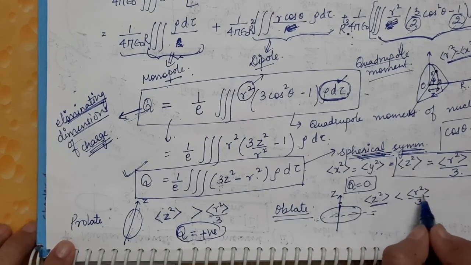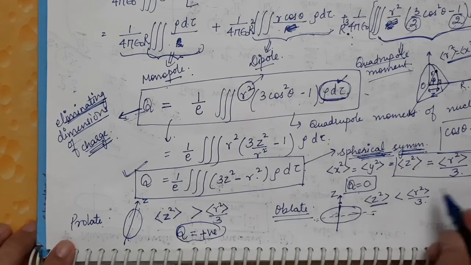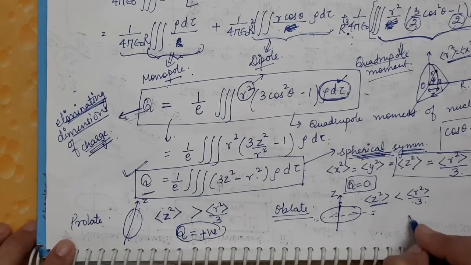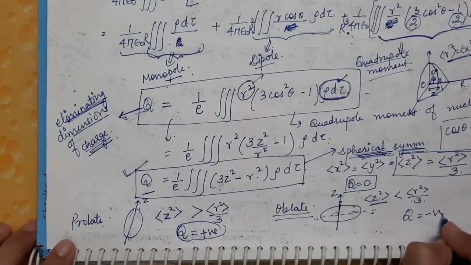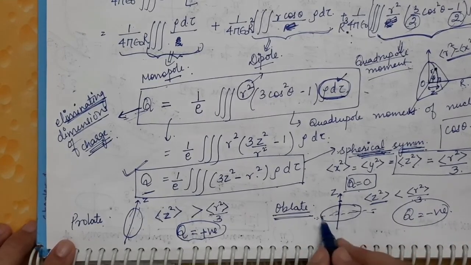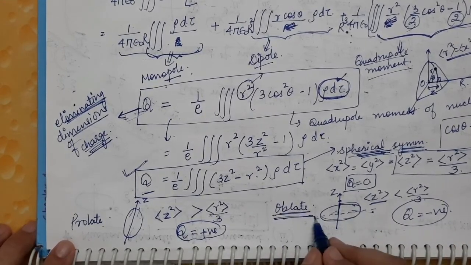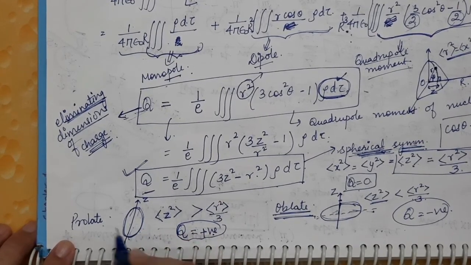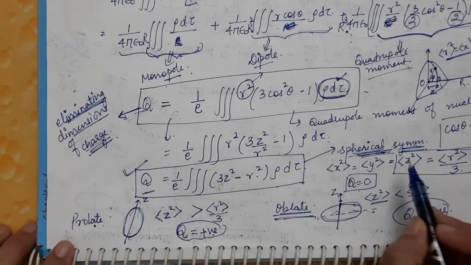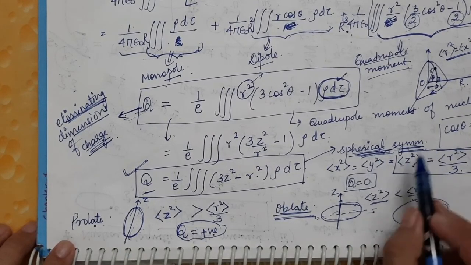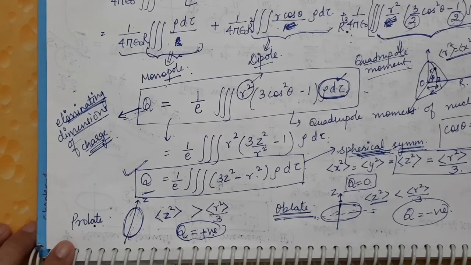So the z square average will be less than r square divided by 3, and hence using this quadrupole moment equation, we get Q negative. So Q is negative for the oblate shape shown over here, and Q is positive for the prolate shape. And for a spherically symmetric nucleus, the quadrupole moment comes out to be equal to zero.